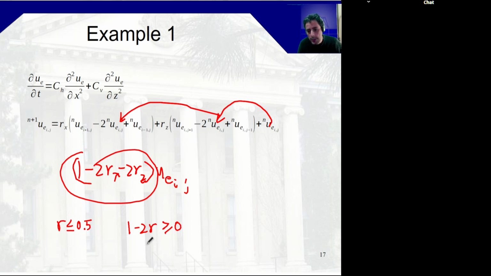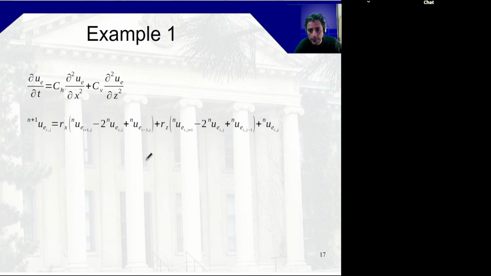That implies that 1/2 is larger or equal to R. In this case, the same general idea applies, but we have the term 1 minus 2Rx minus 2Rz, which must be larger or equal to 0.